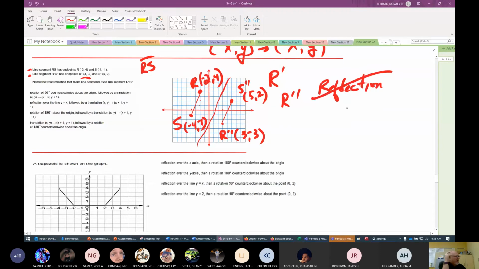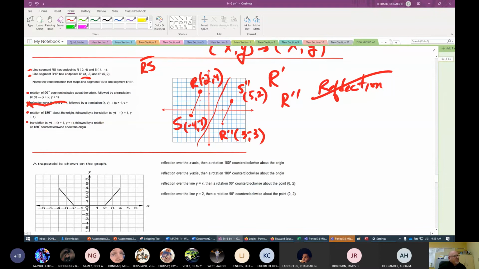So I'll eliminate that. Anything that says a reflection, we're going to cross out. So here, one of our options, we've got this option, this option, this option. It cannot be a reflection, so I'll cross that one out. Now, let me ask you this.